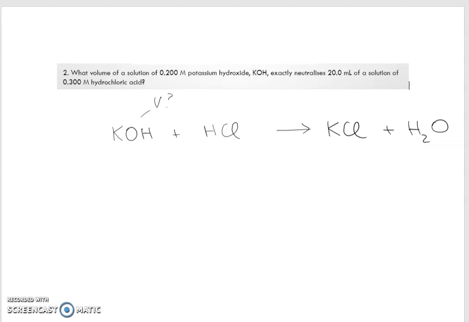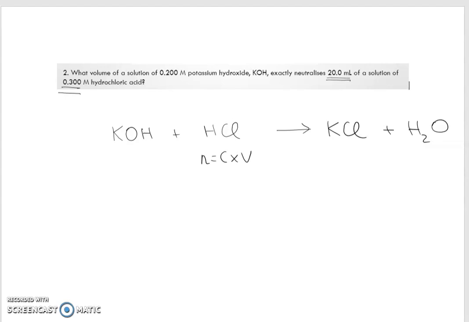So the question really is how many moles will react with HCl, and where we can get that information is from our data that we know about HCl, because we know its volume and we know its concentration, and that means that we can calculate the amount of moles of HCl which is present in this reaction.